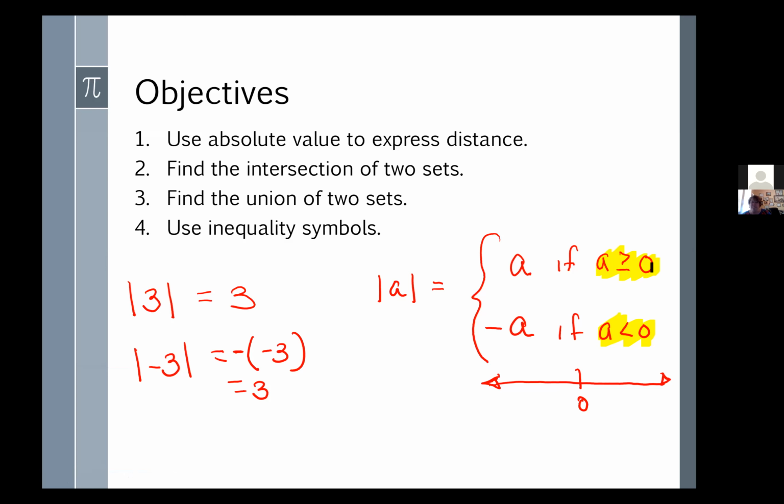So that means that we're going to be to the right of 0 on the number line. Well, what numbers are to the right of 0 on the number line? The positive numbers. And that bar underneath it means that it could also be equal to. So if A is greater than or equal to 0 means it's 0 or to the right of 0. It can be one or the other.